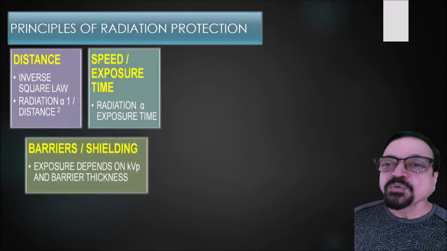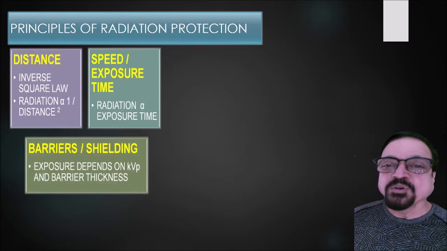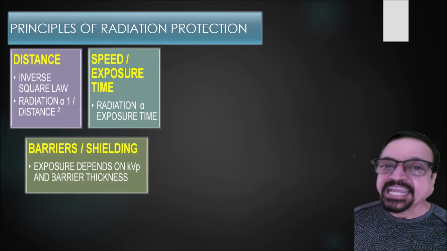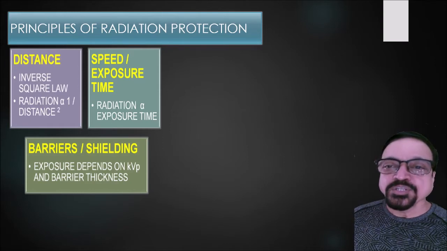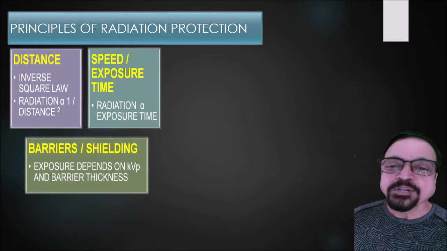Radiographers are going to achieve patient safety, preventing side effects and maximizing benefit, by keeping distance, because radiation follows the inverse square law, by adjusting the technique so that exposure time is as short as possible, and by using shielding barriers for the patient as well as for themselves and those who are with the patient helping them out. That protection will be given in the form of aprons.